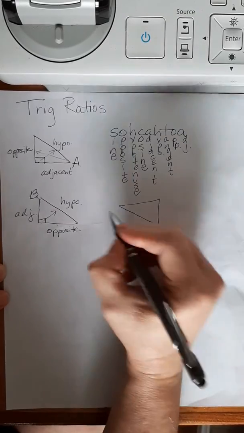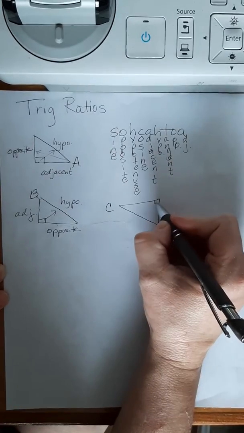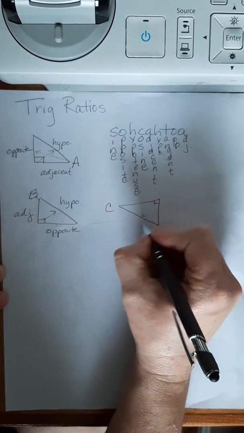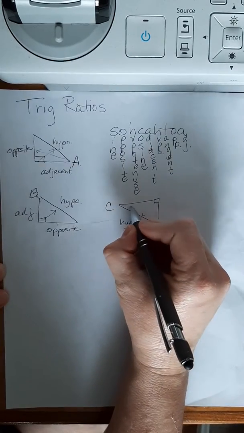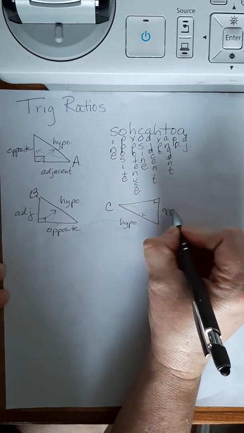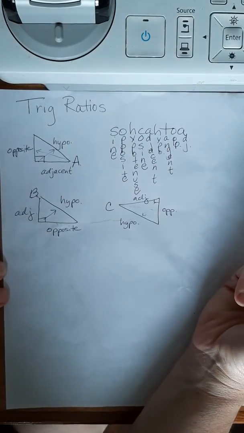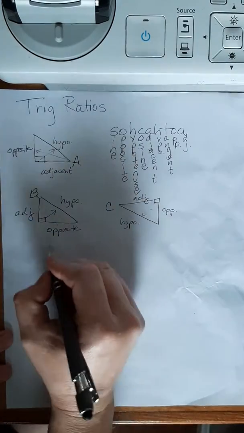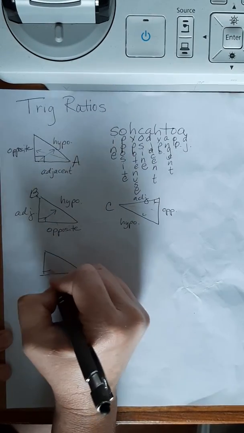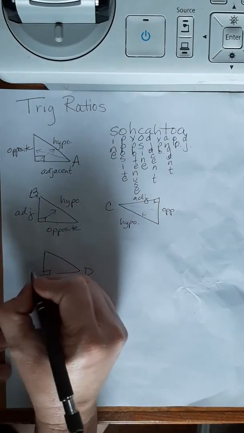Let's say it was even like this. I'll just use C. Right angle, so you know that has to be the hypotenuse. Walk straight out. Opposite. Adjacent. And where it comes into play, they're going to give you, let's say, we'll do this one first.